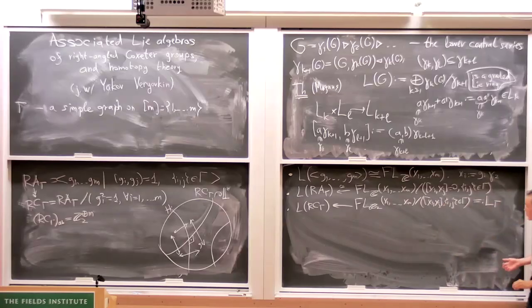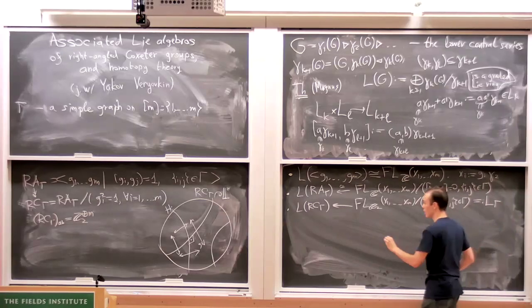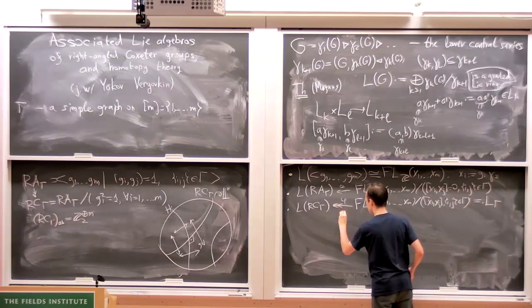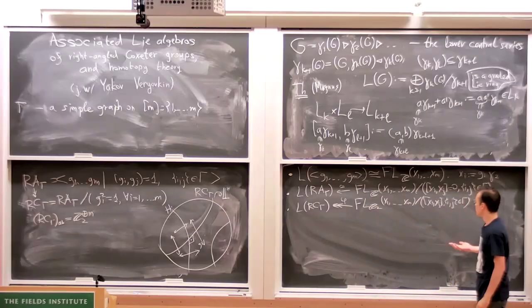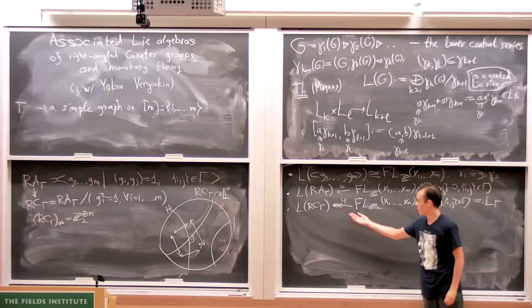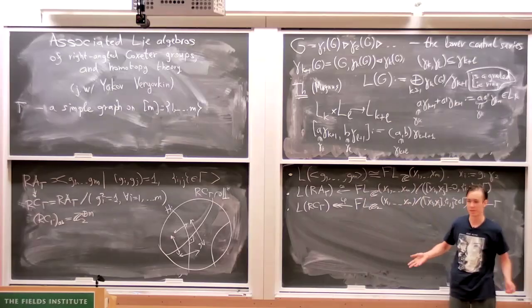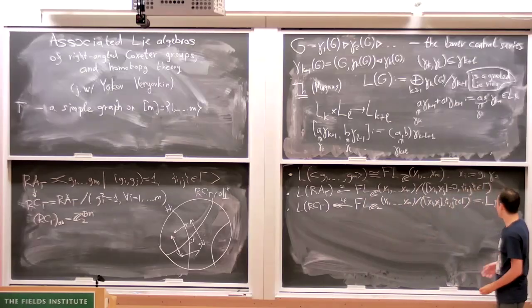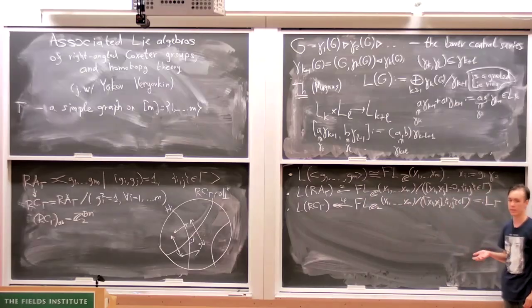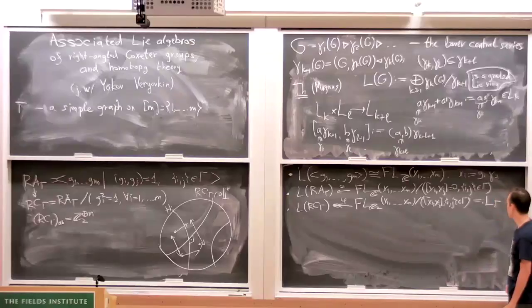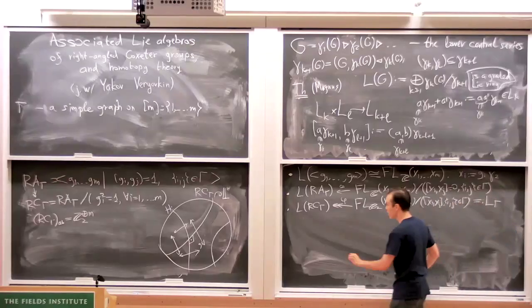This is a graph Lie algebra corresponding to the graph Gamma. And in fact, there is a well-defined homomorphism, which is surjective. If it was an isomorphism, my talk would end here, but it is not an isomorphism. In this generality, it was first studied by Yury Veryovkin, my co-author. So let me list some of his results.